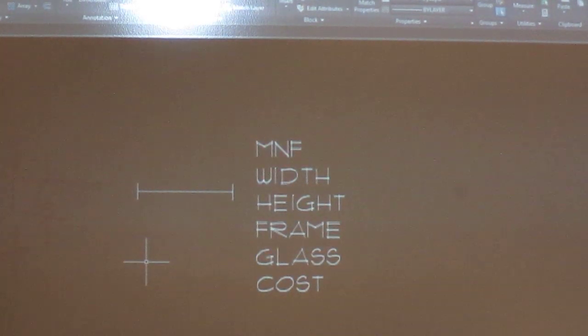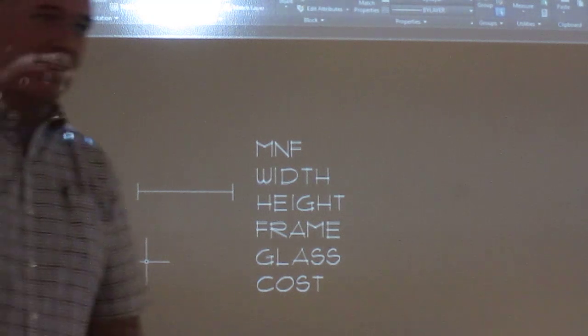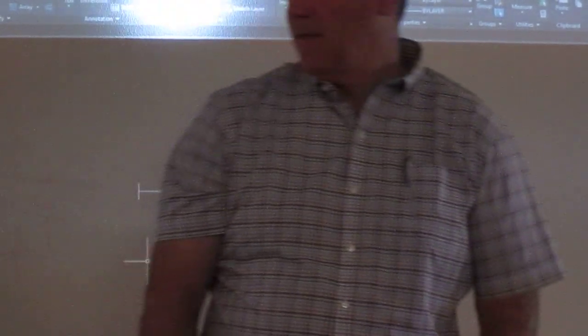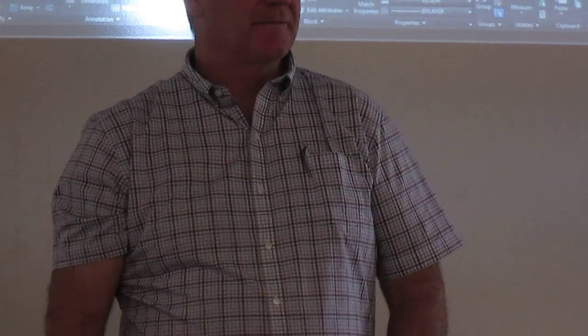Okay, so when you're done, you should look like this. Mine, if you have that dash in between the 5 feet and the 0 in? Yes. So write it in architectural units, 5 foot dash 0 inches. Yeah, don't worry about the font. We're going to turn it off anyway.